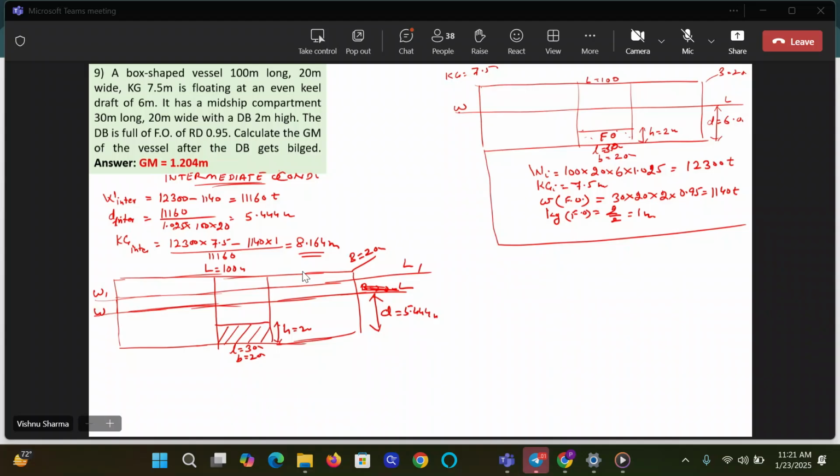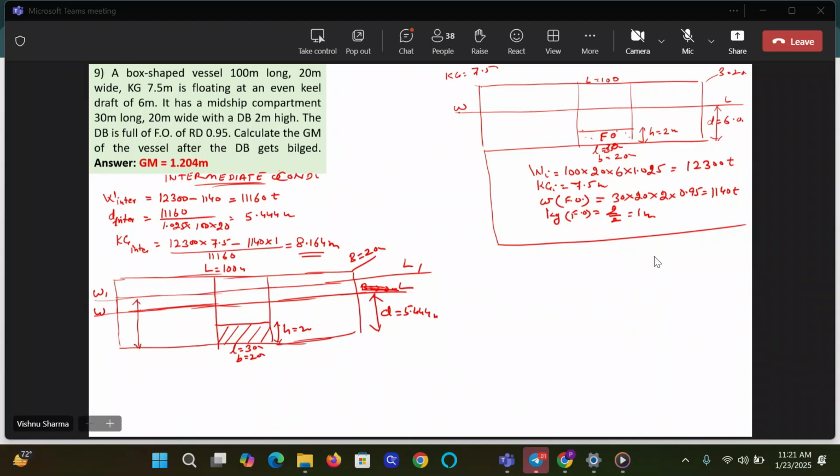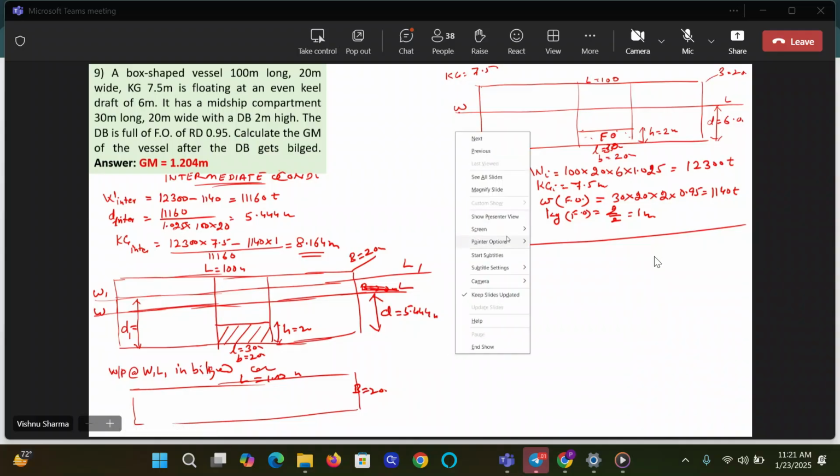No, sir, the water will not rise. So the waterplane at W1L1 in the bilged condition will be fully intact. It is intact with length 100 meters, breadth 20 meters. Am I right, guys? Yes or no? Yes, sir.